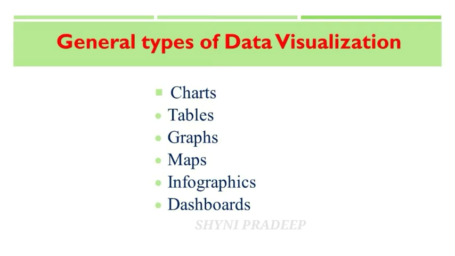It is the representation of information in a graphic format. What do you mean by dashboard? A dashboard is a collection of resources assembled to create a single unified visual display. The data visualizations and dashboards translate complex ideas and concepts into simple visual format.